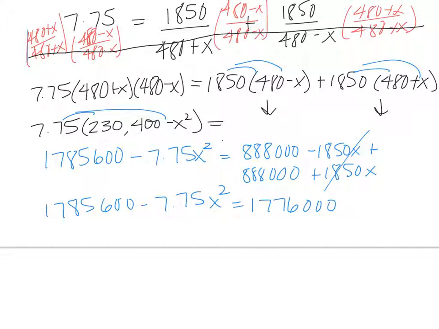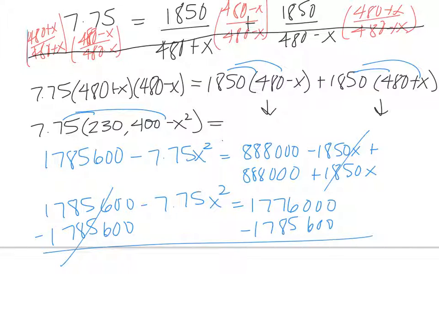All right, I'm going to try and isolate x at this point. So I want to get x by itself, so I'm going to subtract 1,785,600 on both sides. So it gives me negative 7.75x squared equal to 1,776,000 minus 1,785,600, which is negative 9,600.